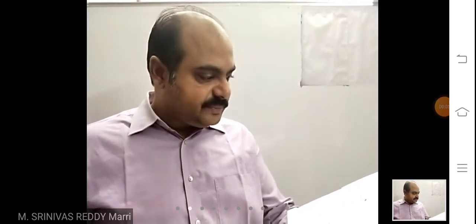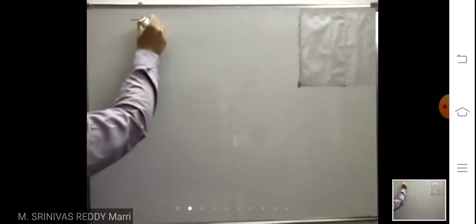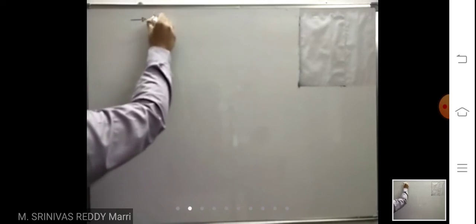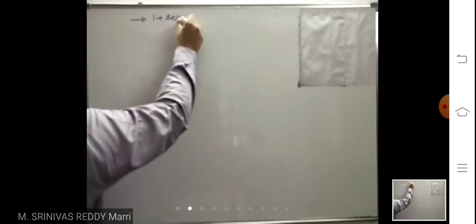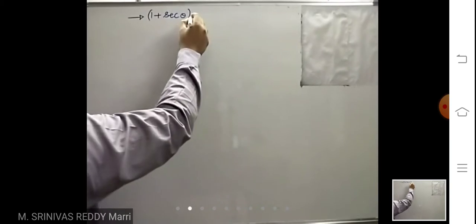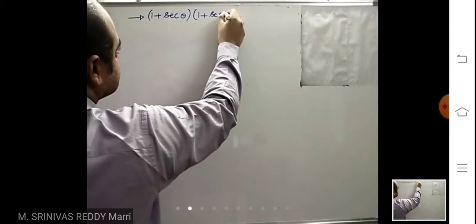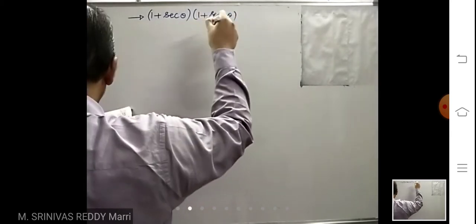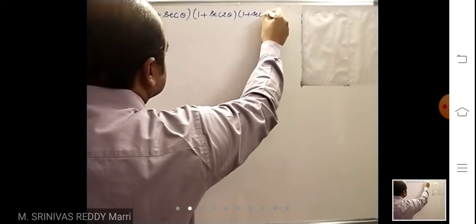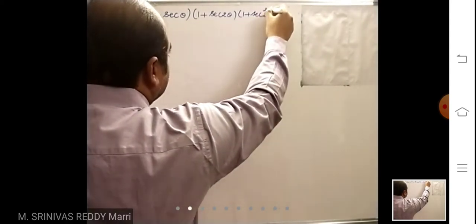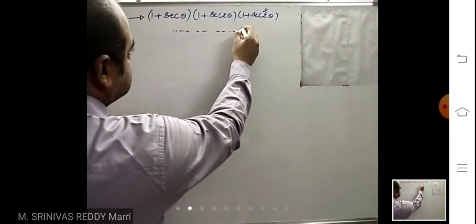Look at one standard result. Very important result. 1 plus secant theta into 1 plus secant 2 theta into 1 plus secant 2 square theta, and so on.